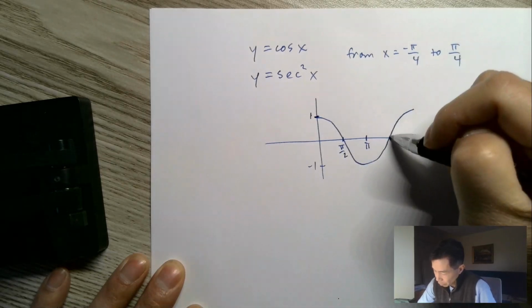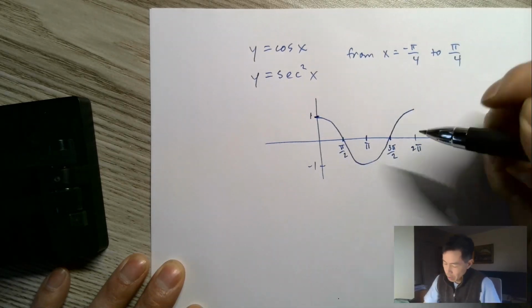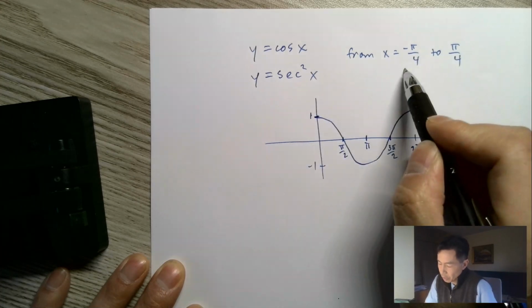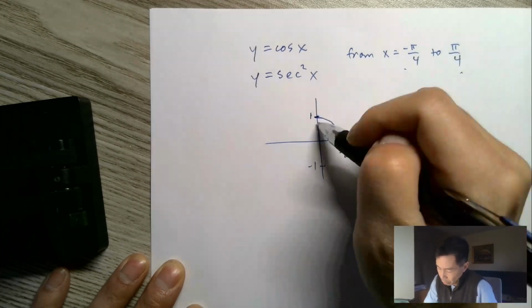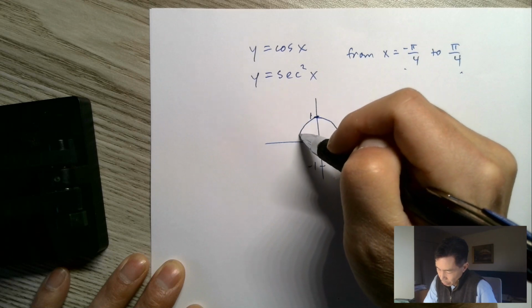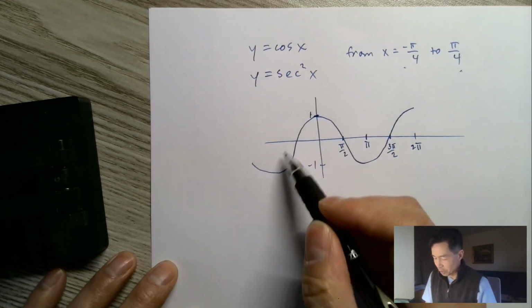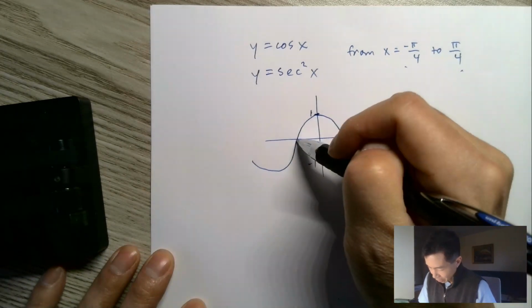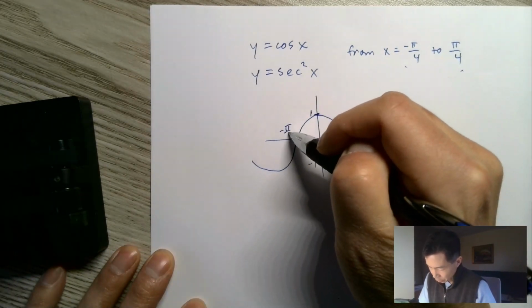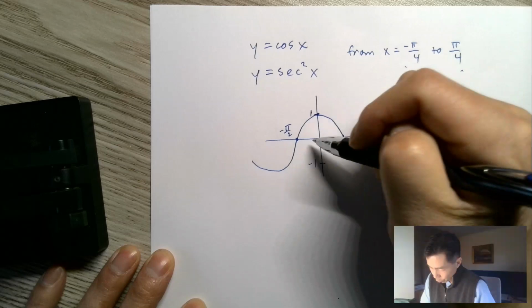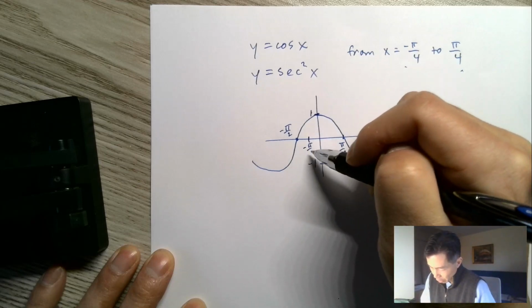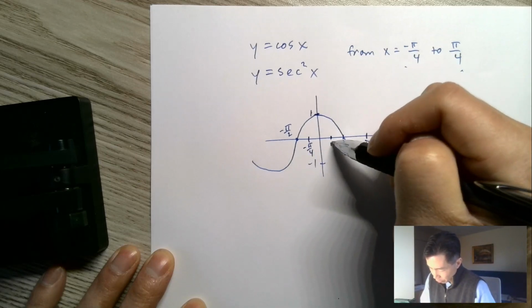Might as well put this is 3 pi over 2. And since we're going from negative pi over 4 to pi over 4, I'm going to draw what it looks like on this side as well. That's pretty much all I need. That's a terrible graph, but I don't need that part. Okay, so this is negative pi over 2, which makes this negative pi over 4, and this pi over 4.